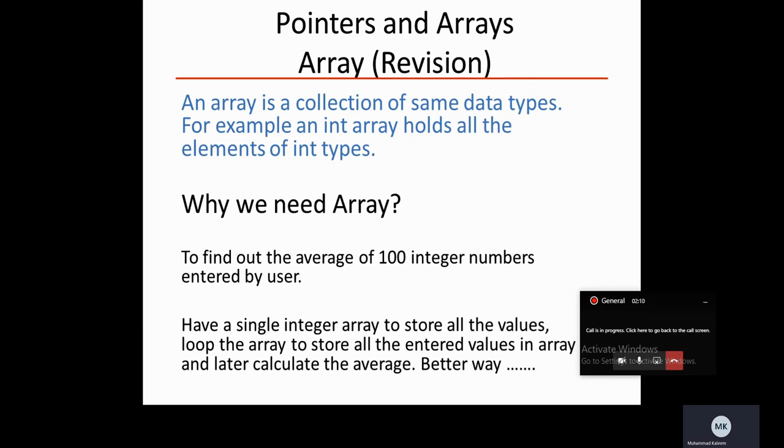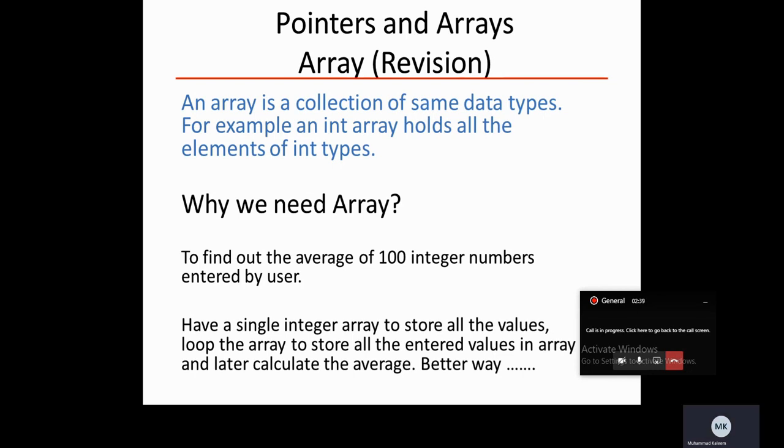Assume you have 100 integers and you want to calculate the average of these integers entered by the user. So declaring 100 different variables, and then 100 times you need to come up with the scanf command to take input and store it, and then calculate the average.